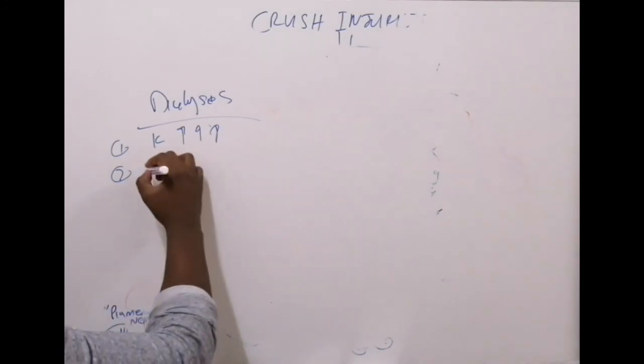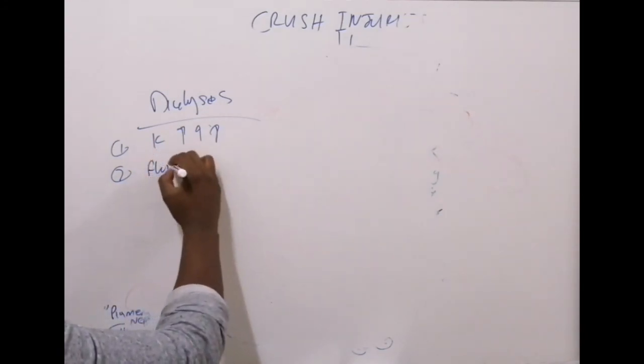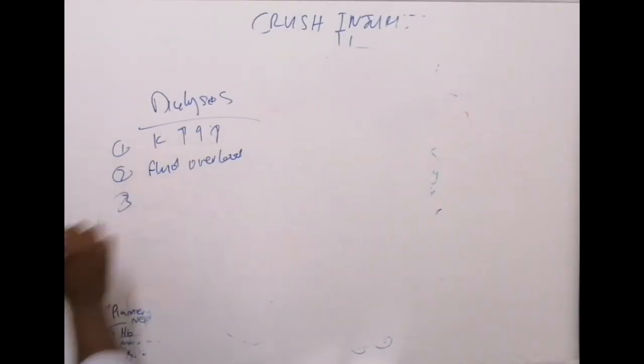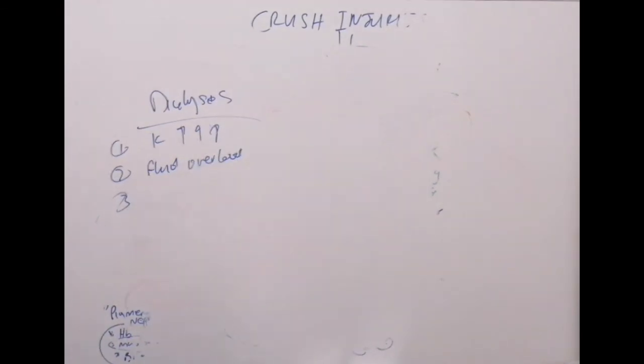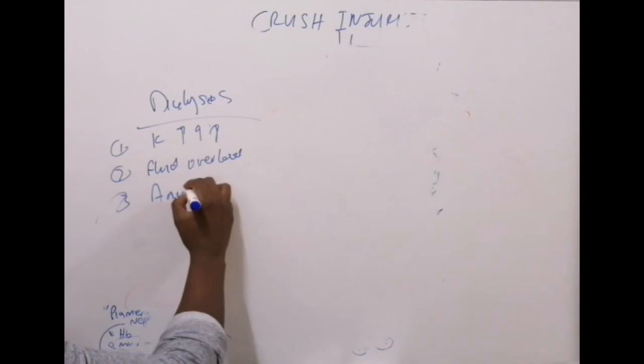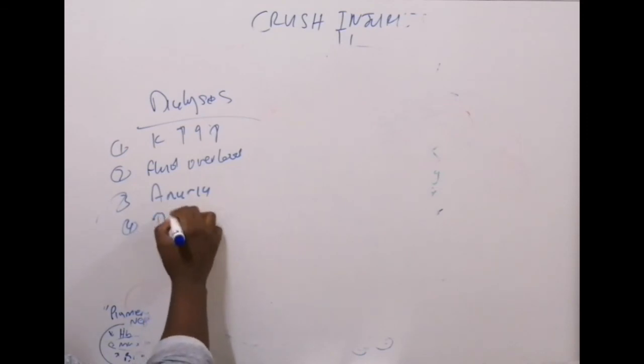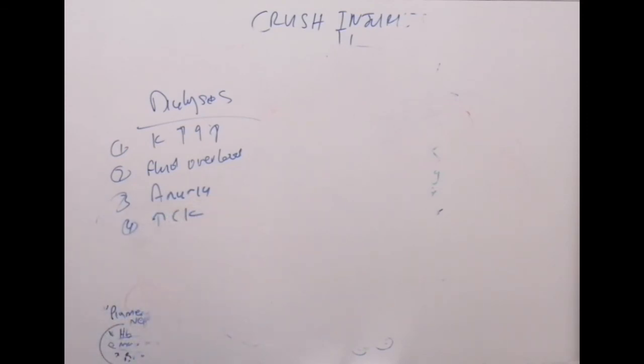If they've got fluid overload, if they've got anuria, because if they've got anuria, the more fluid you give, they will get into pulmonary edema and die from it. You can also send them for dialysis if they've got massively increased CK, right?